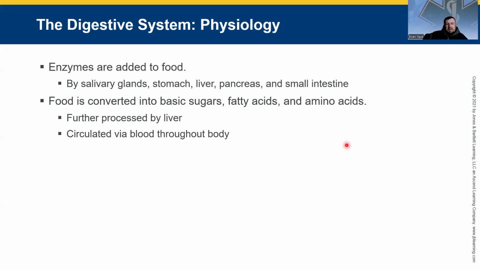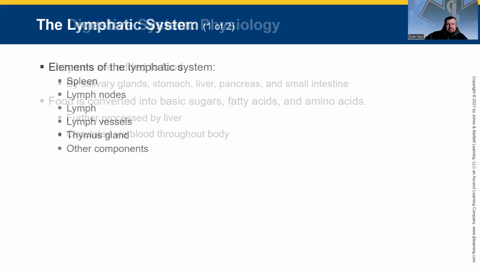Enzymes are made to break down food by the salivary glands, stomach, liver, pancreas, and small intestines. Food is converted into basic sugars, fatty acids, and amino acids, further processed by the liver, and circulated via blood throughout the body.